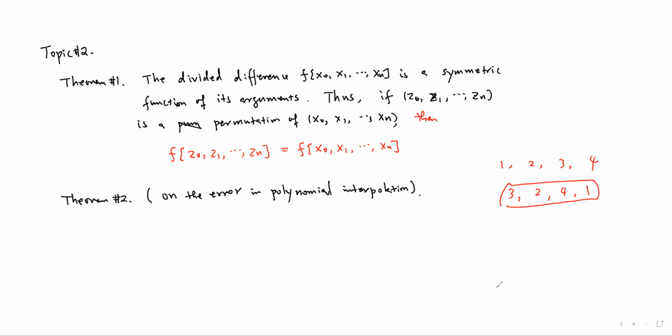Recall that in a theorem in one previous lecture, we saw that if P is an interpolation polynomial to the function f, the difference is given by this. This is from a theorem in one previous lecture.